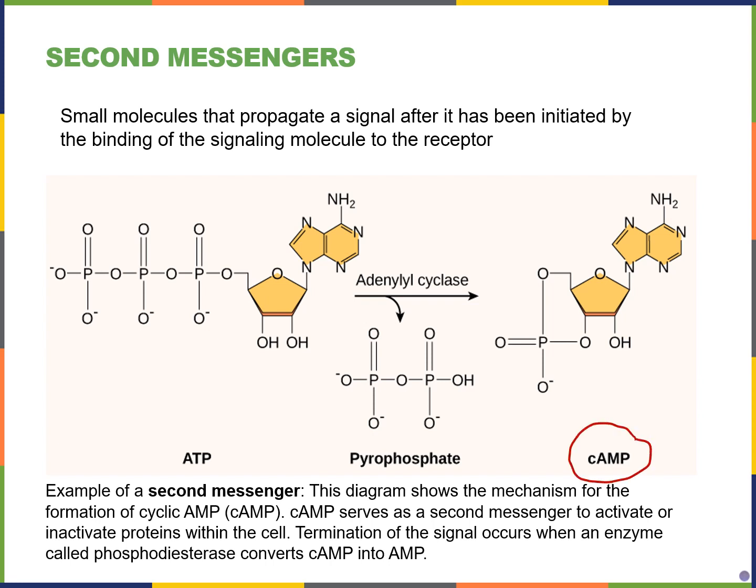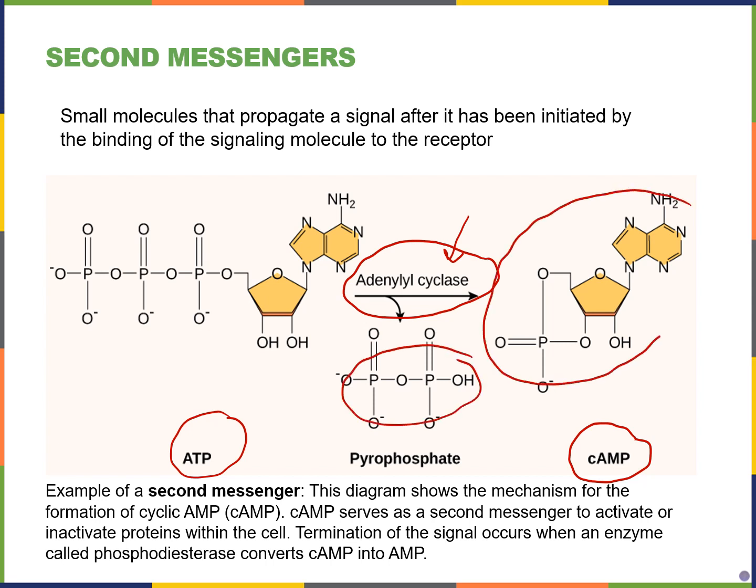And this is produced by an enzyme called adenylyl cyclase. If this enzyme, adenylyl cyclase, is activated, it takes ATP and turns it into a ring shape structure. So you can see two of the phosphate groups come off, and you form a cyclic version of adenosine monophosphate. So this is cyclic AMP.